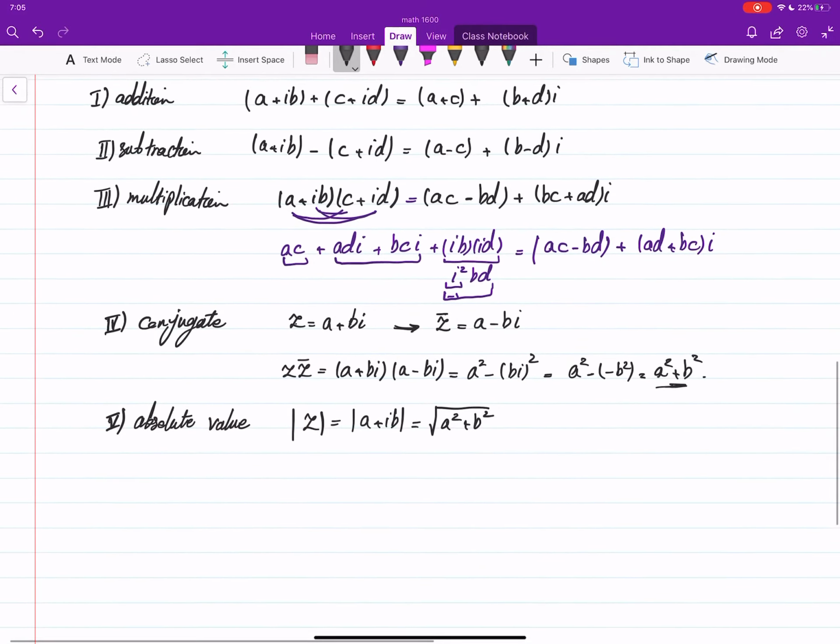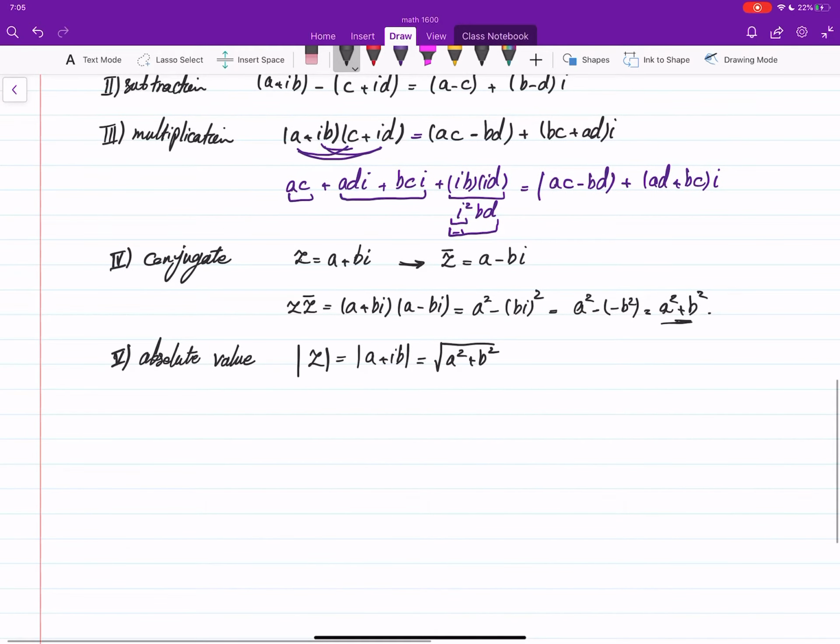Now, why are these guys important? Because now I can use the conjugate and tell you how to do the division of two complex numbers. So take the fraction of two, a plus ib, and I want to divide it by c plus id.